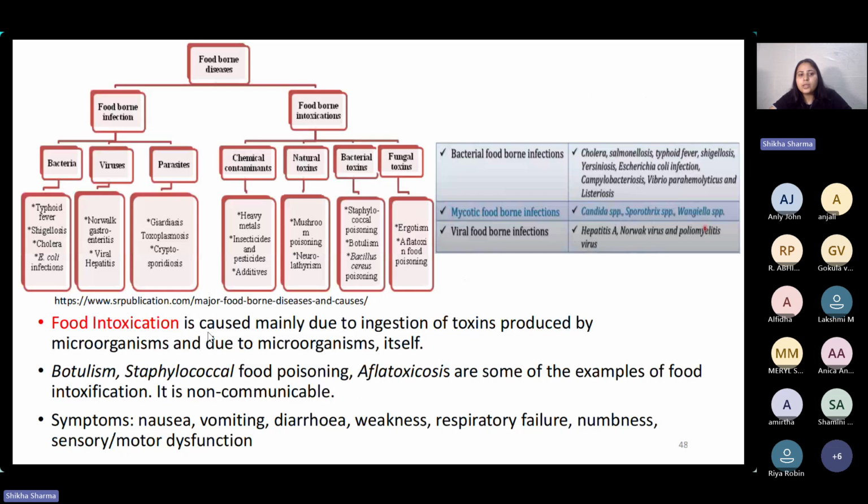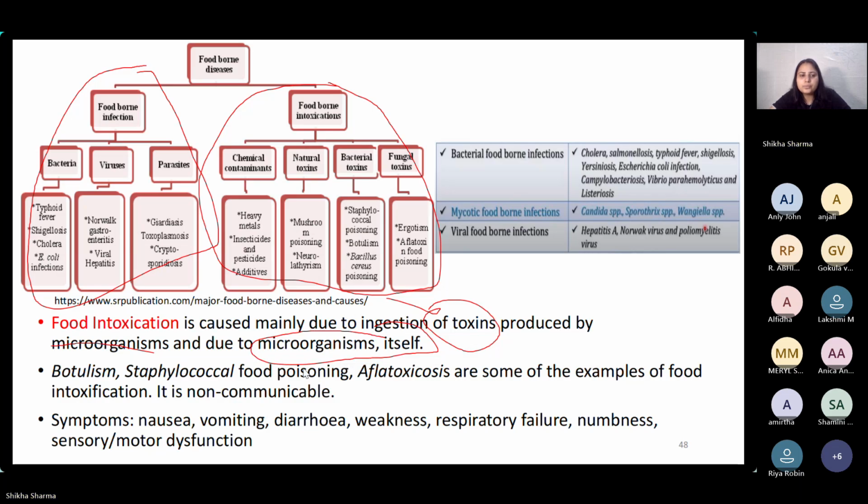Whereas this is the food infection, it can be because of bacteria, viruses, and parasites. And foodborne disease can also be because of food intoxication. Food intoxication is due to ingestion of the toxins produced by these microorganisms, so because of the toxic compounds they produce.